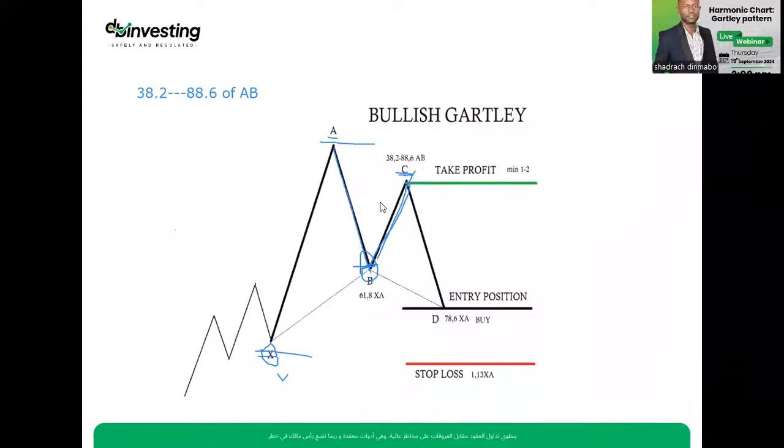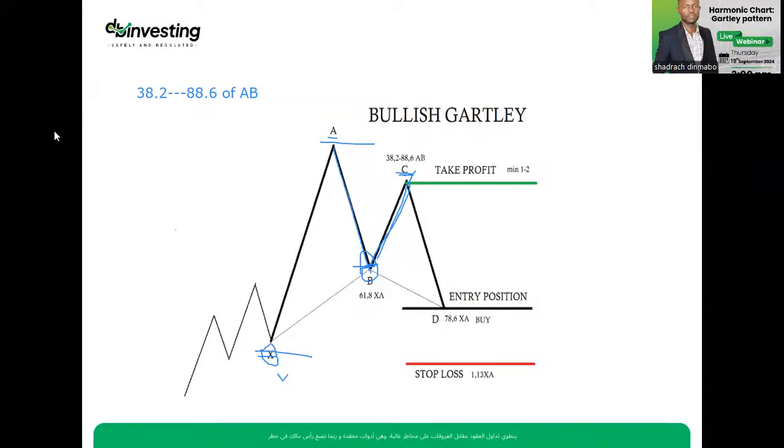Now, when that is achieved, at this point C, we will now wait again. The market from this point C will drop to give us point D, and point D will be our entry position.